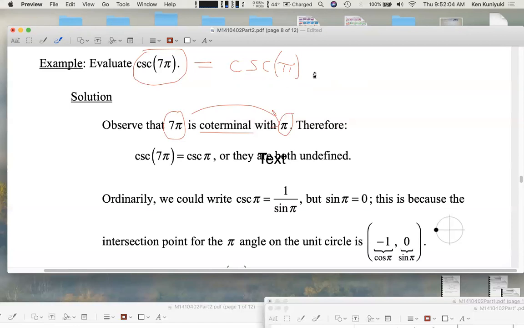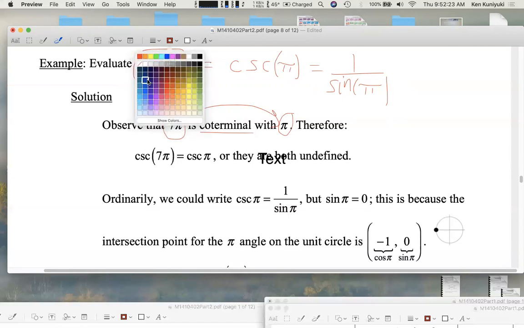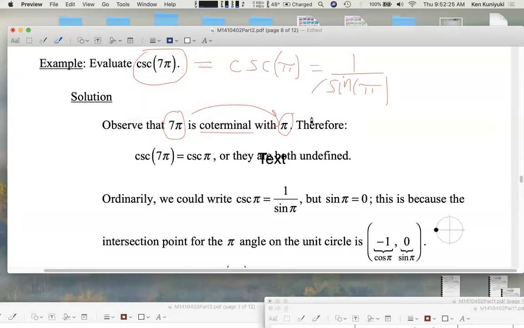Cosecant of pi is the reciprocal of sine of pi. What is the sine of pi?